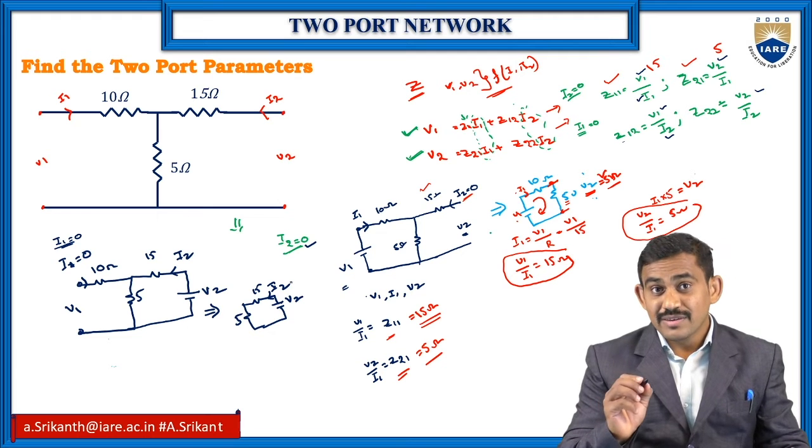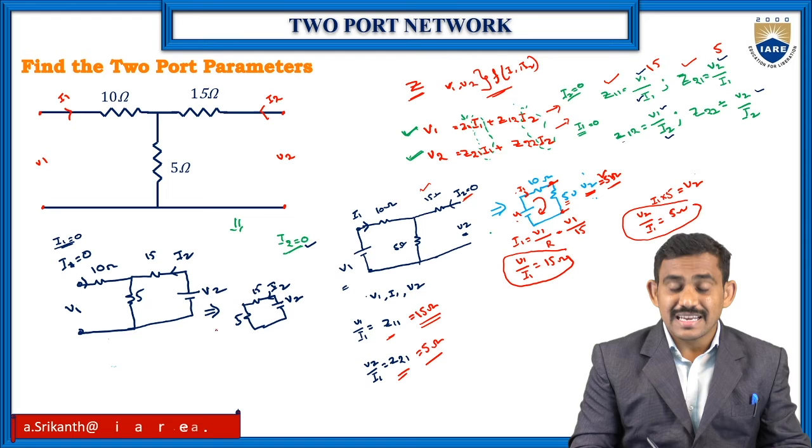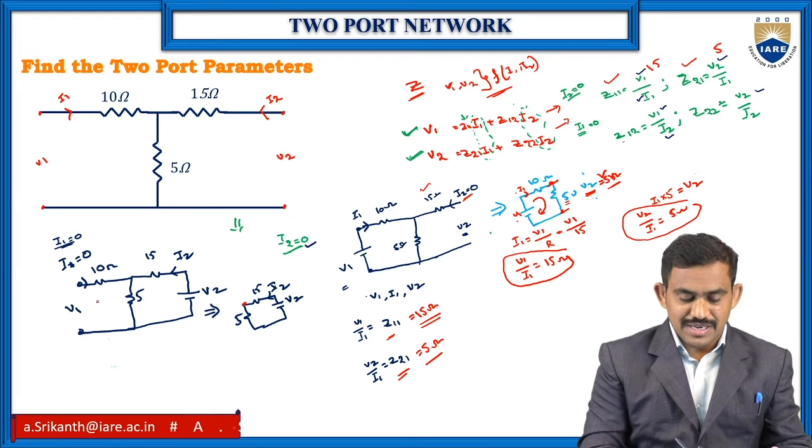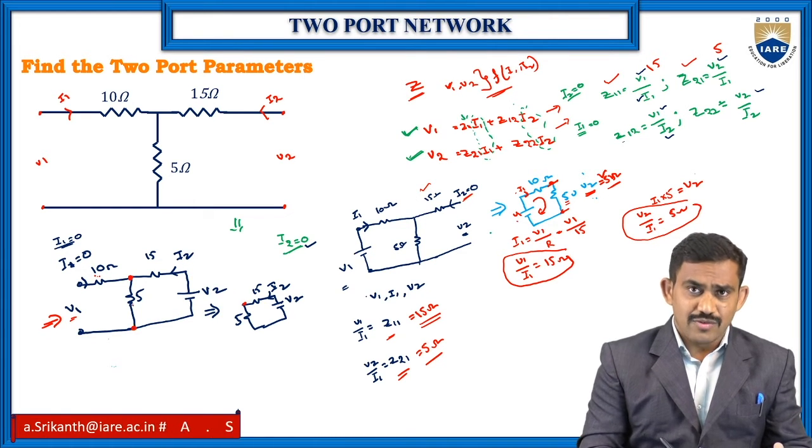What about your V1? V1 is across the 5 ohms. In this circuit, the 10 ohms is open, so the voltage across the 5 ohms is your V1 voltage.